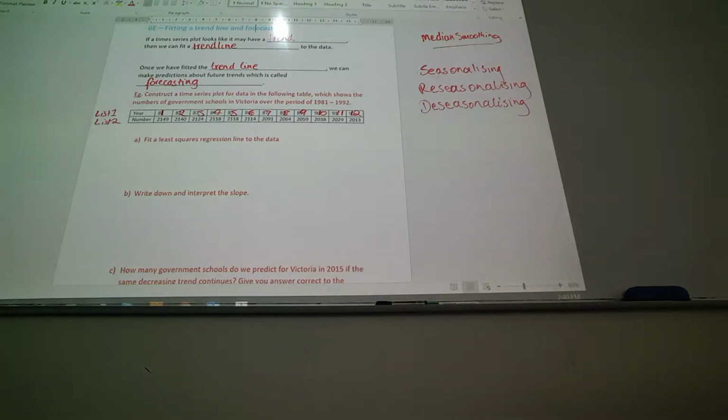Is it X, Y, or scatter? XY. So construct your time series plot on your XY plot and then fit a least squares regression line to it. Making sense?